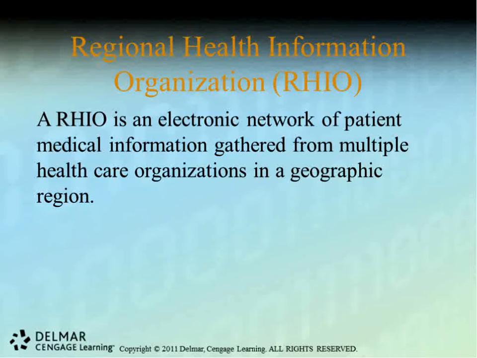They store all this information on this electronic network. So if the hospital over here loads their information, it flows into that. The physician office, the specialist, the insurance company, everybody gets on, and it's an electronic network where they collaborate with one another and share that information.